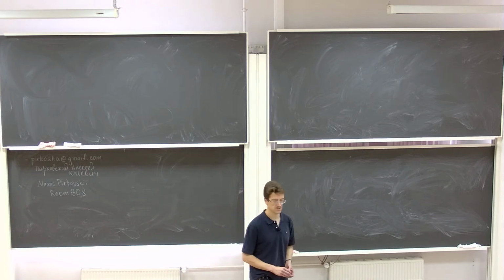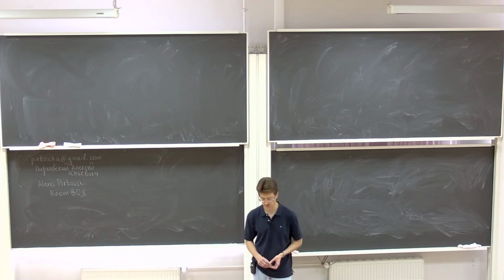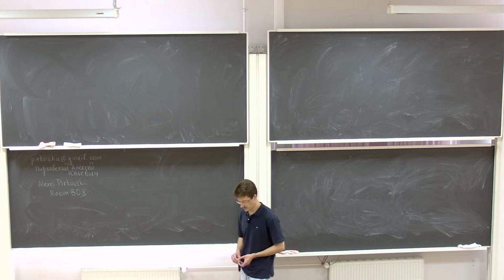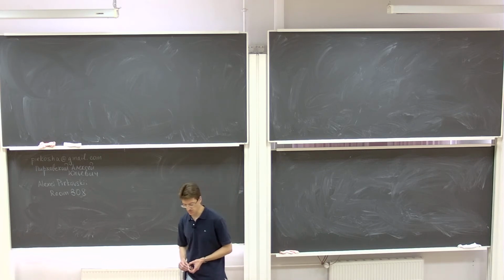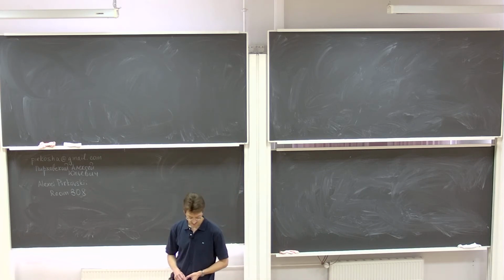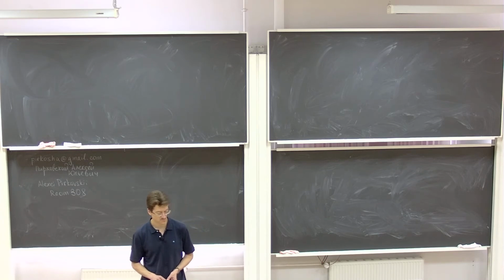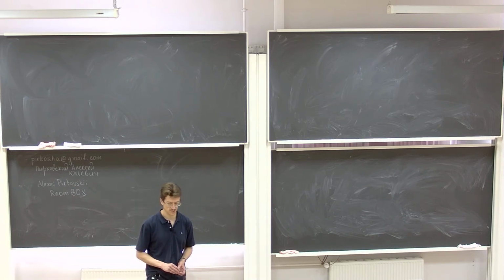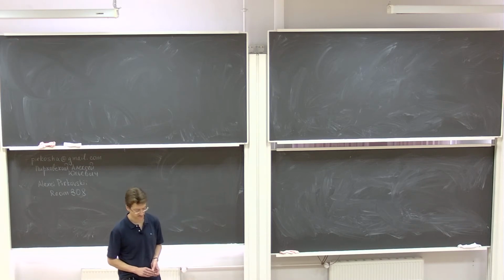Let me now say a few words about the subject we are going to learn. There are many opinions on what functional analysis is. Probably the most general opinion is that functional analysis studies spaces equipped with compatible algebraic and topological structures.